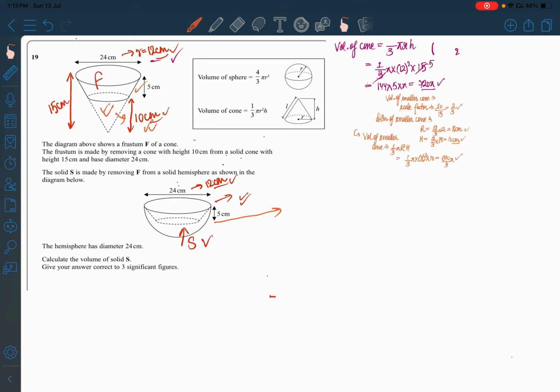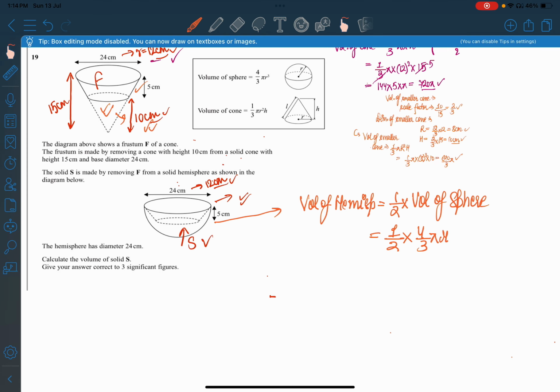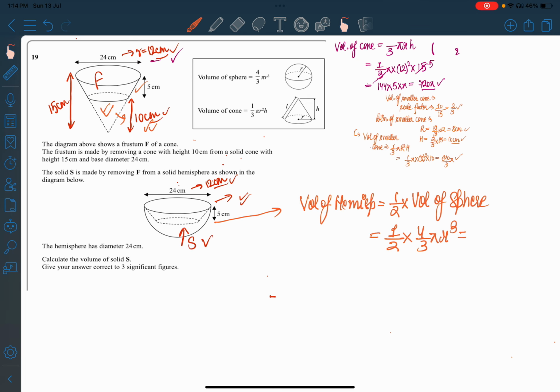To calculate the volume of the hemisphere, we can simply apply the formula of the volume of a sphere. The volume of a hemisphere would be half of the volume of the sphere, so 1 upon 2 of 4 upon 3 pi r cube, that means 2 by 3 pi r cube.